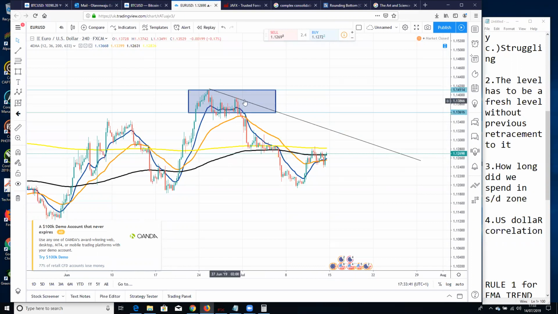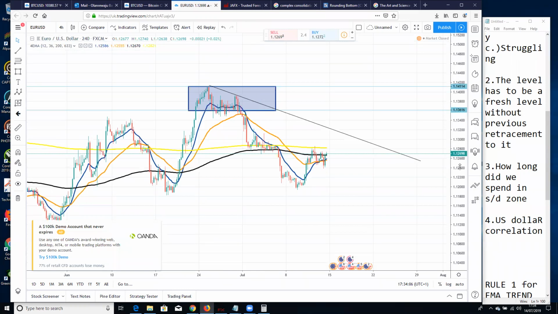We have a huge zone over here, right? And the distance between that is about 49 pips, all right, 49 pips of stop. But looking at this zone, you can see that when price came down below it, we didn't see that huge sell-off the way that we see it in the Aussie dollar.